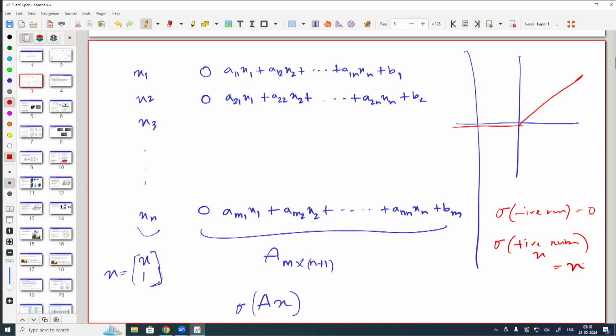Now, what you would like to do is minimize the value of that loss function, and to do that, one simple optimization algorithm is that you find the gradient of this loss function with respect to each of these things here, which is A11, A12, and all the thousands of these numbers that you need to figure out.